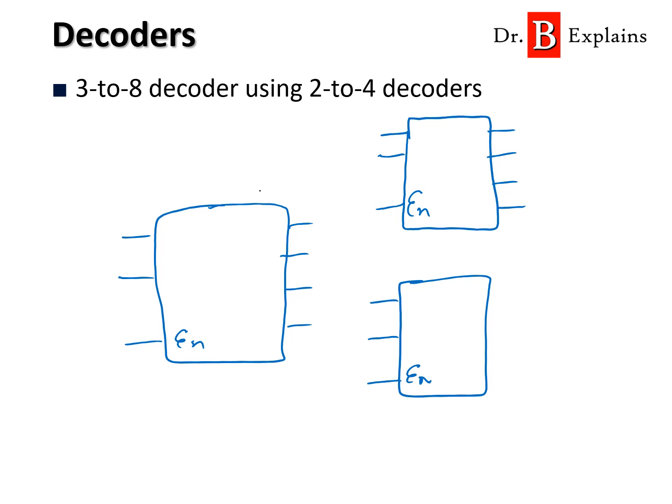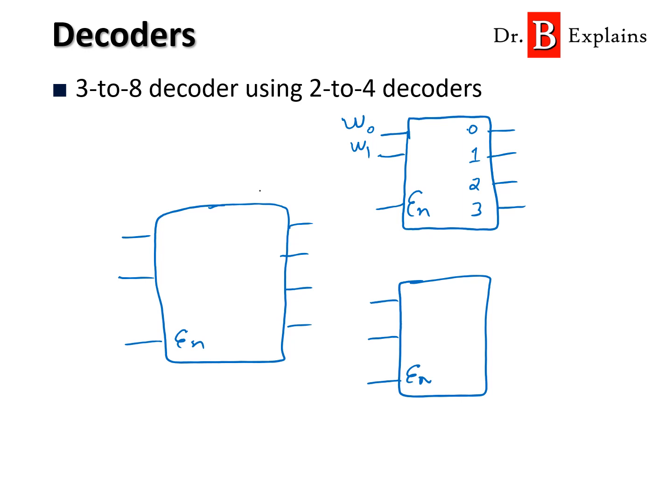Okay, and so if we were to put W0, W1 here, that means that that's a 0, 1, 2, or 3, depending on the values of the W0, W1.